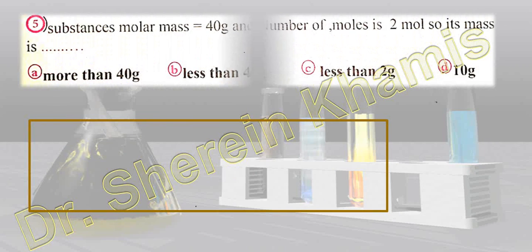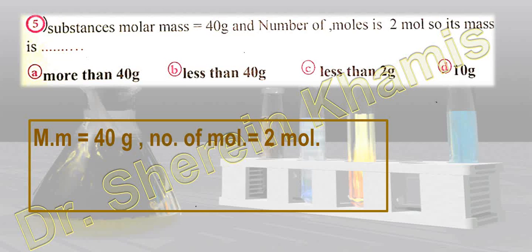Okay, question number 5 says a substance's molar mass equals 40 gram, and the number of moles here is 2 moles, so its mass equals what? We have a definite rule: number of moles equals mass over molar mass.